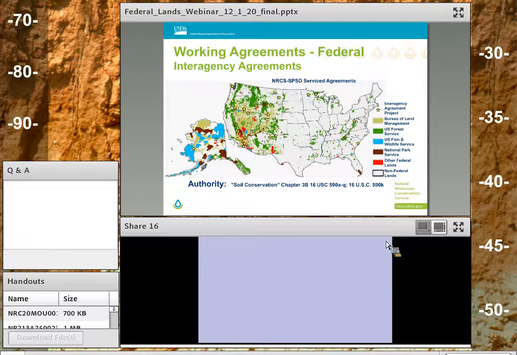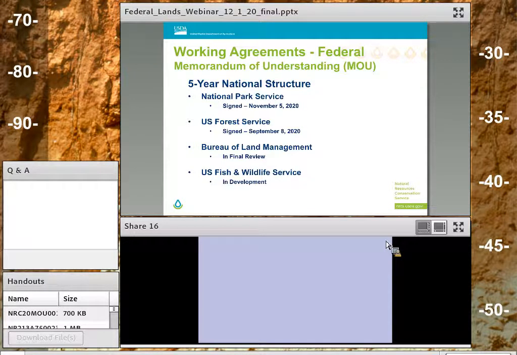But again, let's get beyond the interagency agreements and talk more about MOUs. We've been working with each of our major federal lands partners to get MOUs drafted to frame our cooperation over the next 5 years.